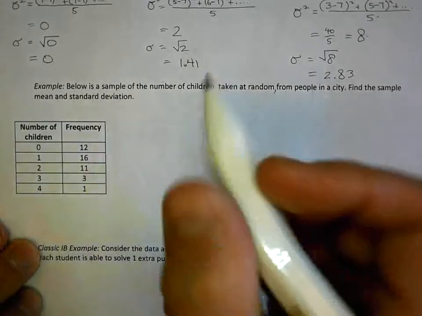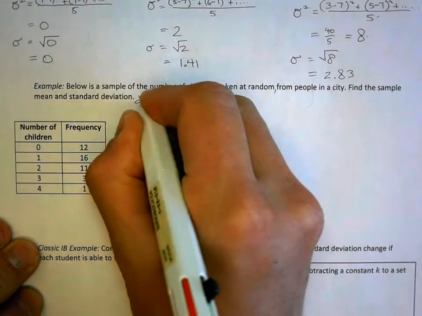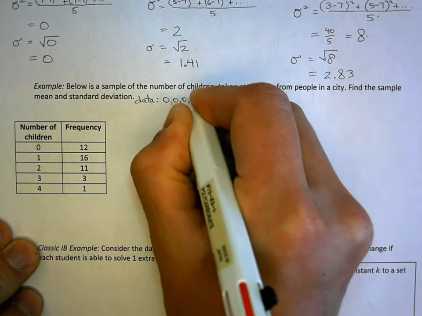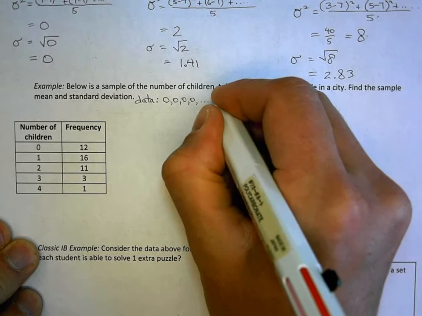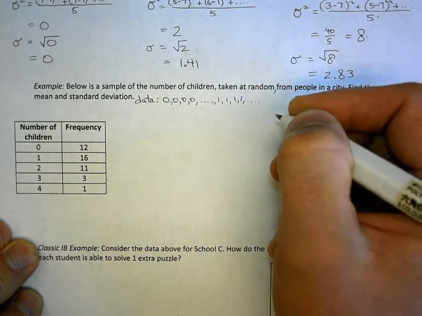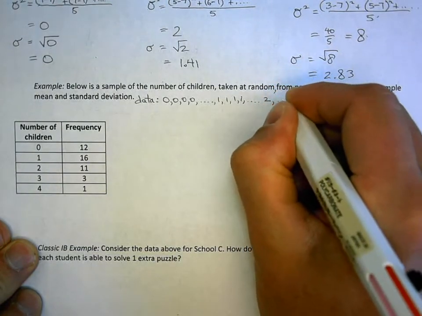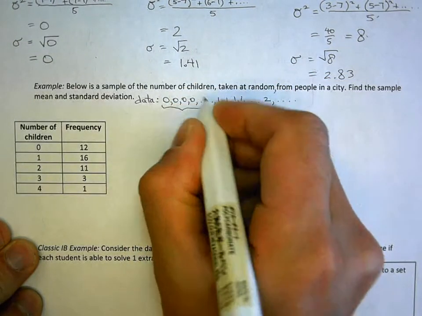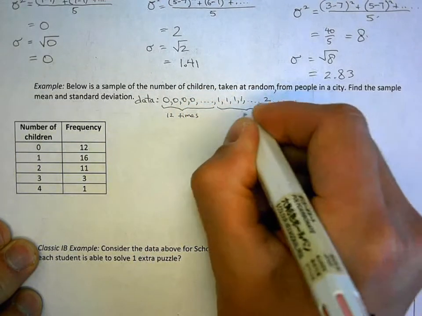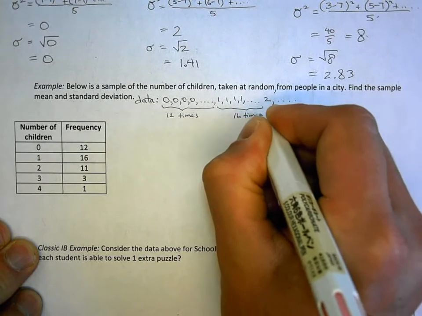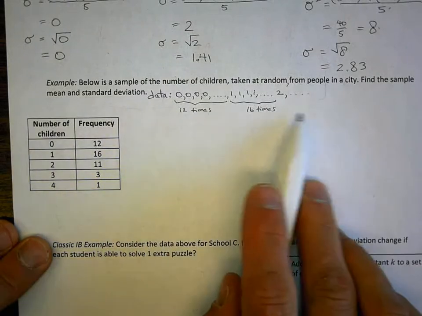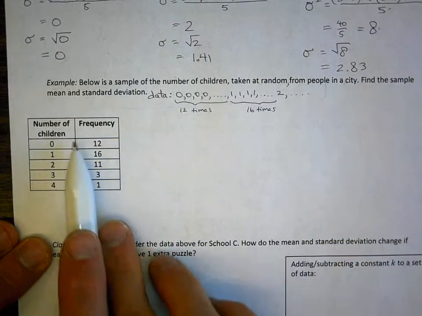If you want to write out the data just so it makes a bit more sense, it's 0, 0, 0, 0, 0, 12 times, and then 1, 1, 1, 1, 16 times, and then 2, etc. So there are 12 zeros, 16 ones, etc. When I write a table like this, it's just representing all this data, which is a lot of data points, in a tidier way.